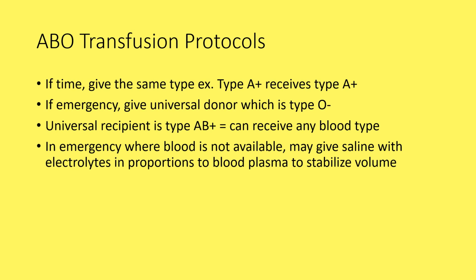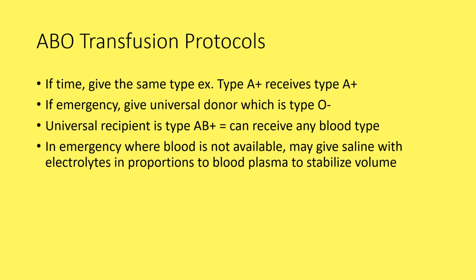You know that you have this disaster and multiple victims coming in, and there's a certain point you just hope you have enough O negative. When somebody's bleeding and needs a blood transfusion right now, you don't have time to run a test, you grab O negative because everybody can get O negative.